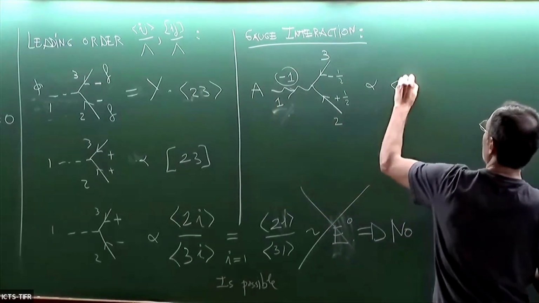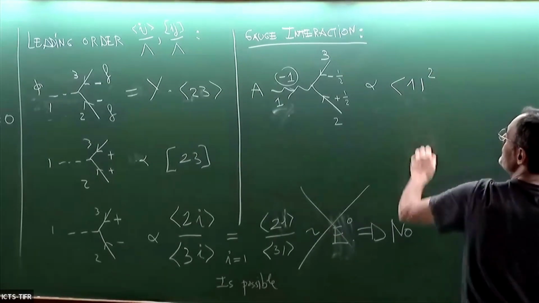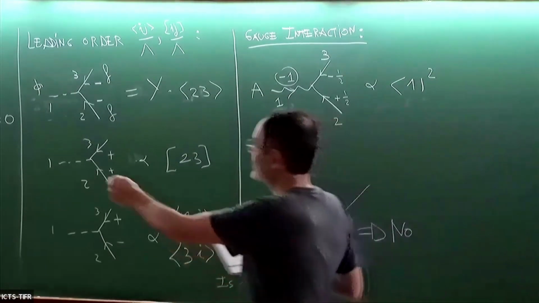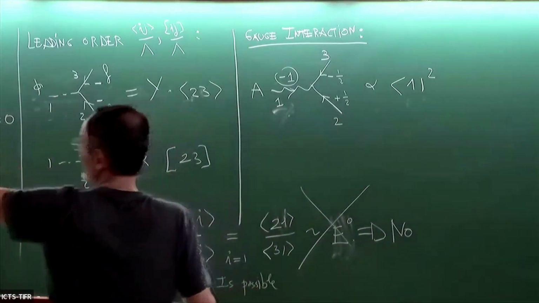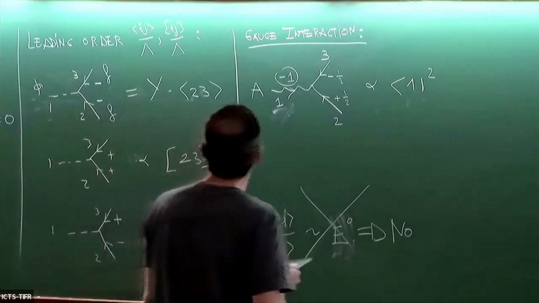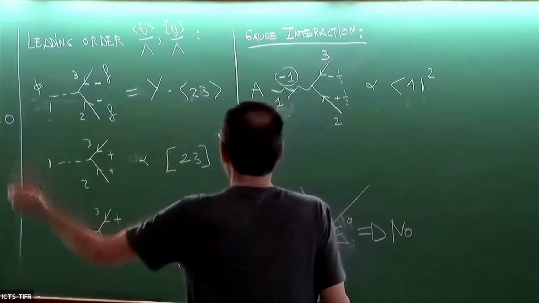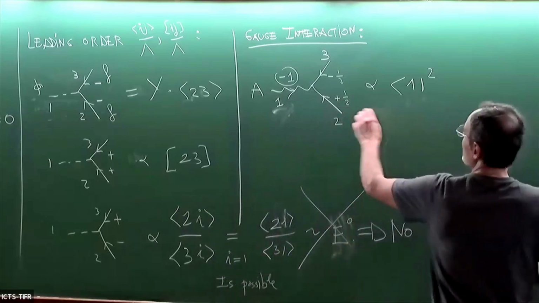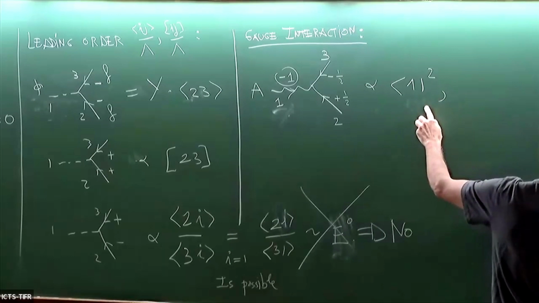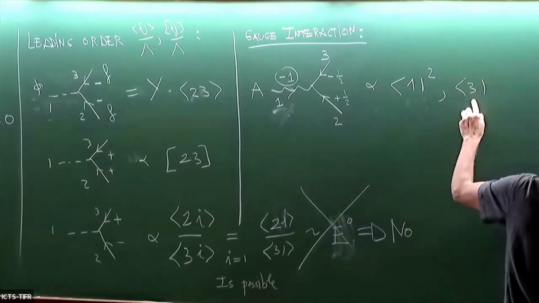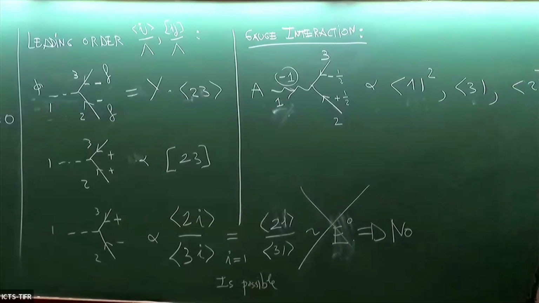I know I should have two of these guys, such that when I plug into the amplitude e to the i theta minus 2 times minus theta half, will give me minus e to the minus i theta. The helicity of this guy is minus twice that of the fermion, so I have to put twice here, and then it will be proportional to the 3 also, and proportional to 2 minus 1.